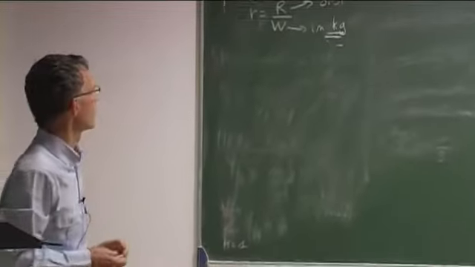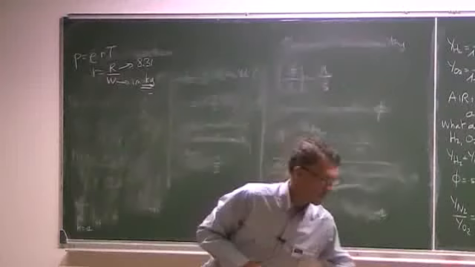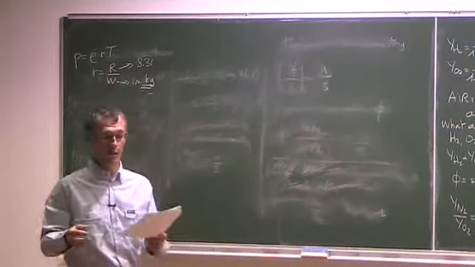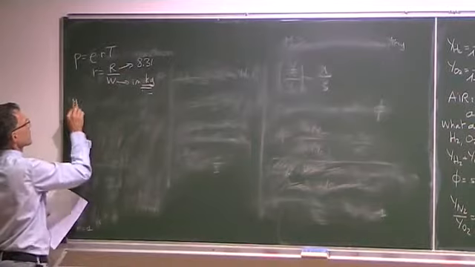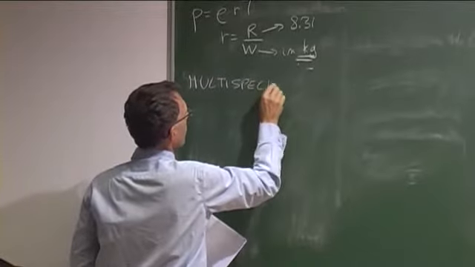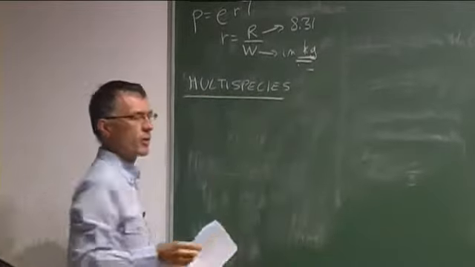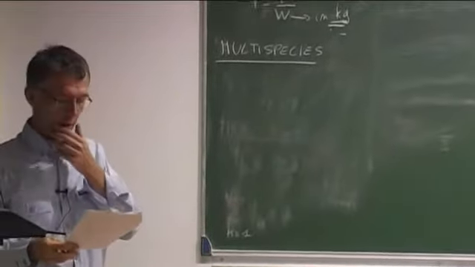It's a good way to make big mistakes here. So this is what you've seen before when you had only one gas. Now the problem is that we have what we call a multi-species gas. How do things work when we don't have one gas but a mixture of gases? So that's what I'm going to discuss now.